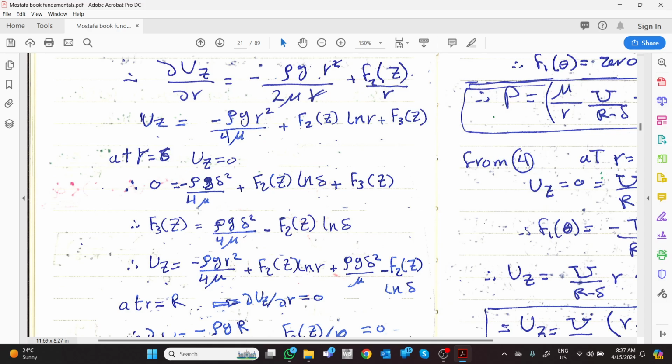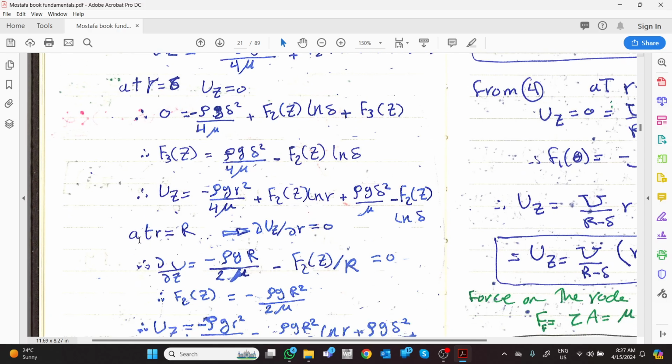When you go to here, at R equal R, du by dz equal del R, because he said that there's no friction. I don't know what the U will be, so don't write capital U, because I don't know what capital U is. But I know that there's no friction, which means tau is equal 0, which means del uz by del R is equal 0.